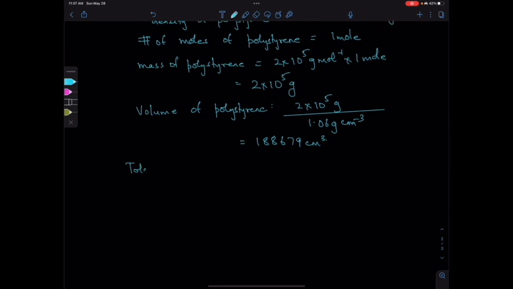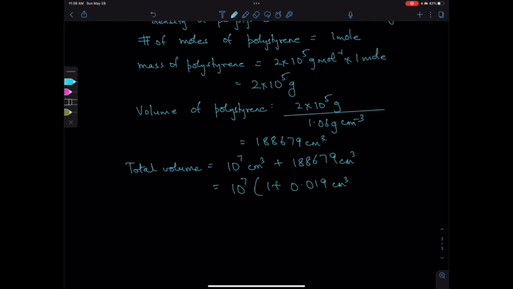So the total volume is 10 to the power 7 centimeter cube of toluene plus 188,679 centimeter cube of polystyrene, which is 10 to the power 7 times 1 plus 0.019 centimeter cube, which is 1.019 times 10 to the power 7 centimeter cube.